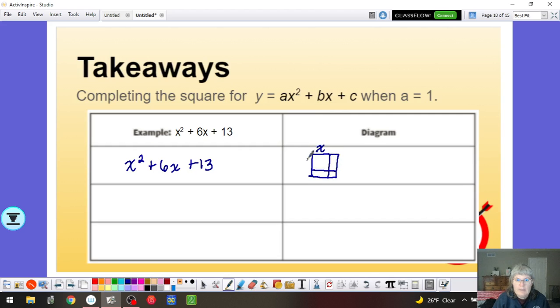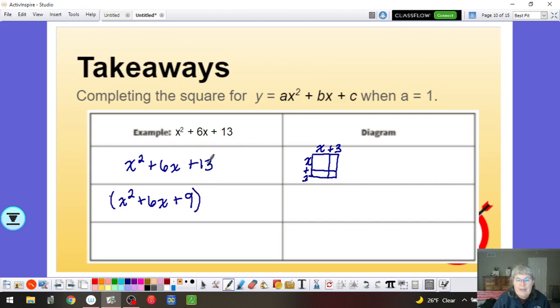That's going to be x by x, but an additional 3 on each dimension. So that's going to give me x squared plus 6x plus 9.